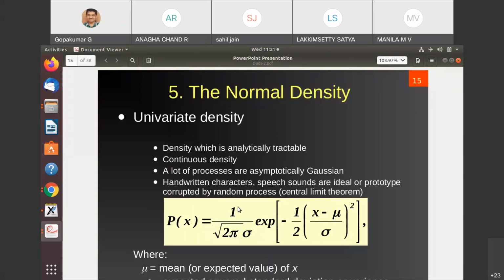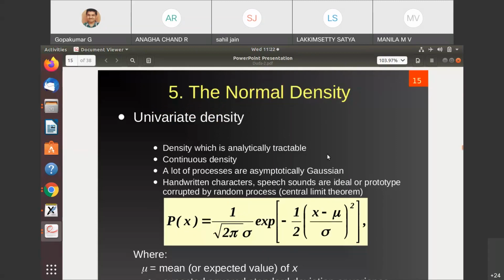In step one we always work with a single feature, and then we extend that to multiple features, into multi-dimensional. Similarly, here we will see what is univariate and what is multivariate.